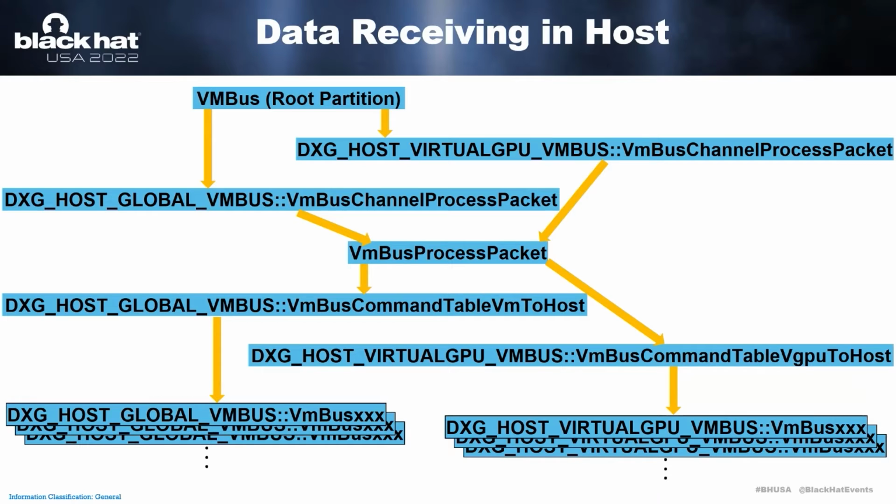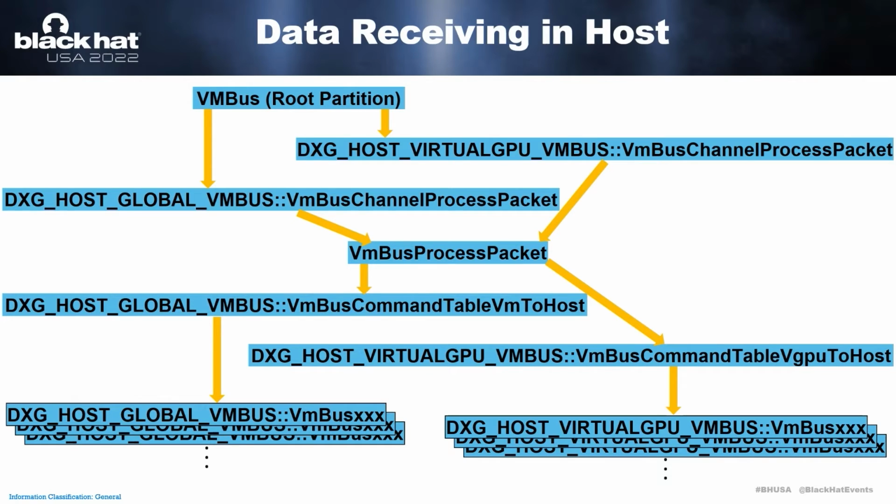About data receiving in the host. If the guest sends DXGKVMB command data to the host, the VMBus component will invoke the DxgHostVirtualGpuVmbusChannel process packet, or the DxgHostGlobalVmbusChannel process packet function, according to the specific channel.